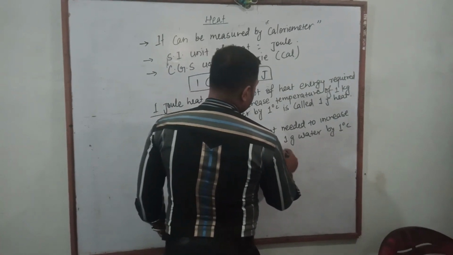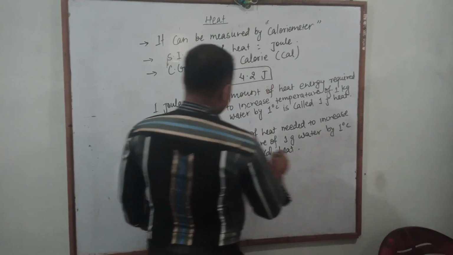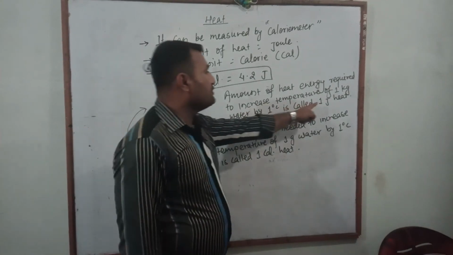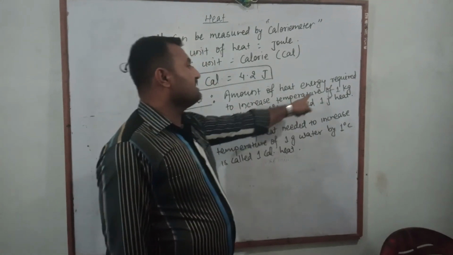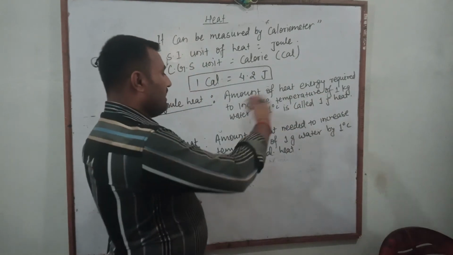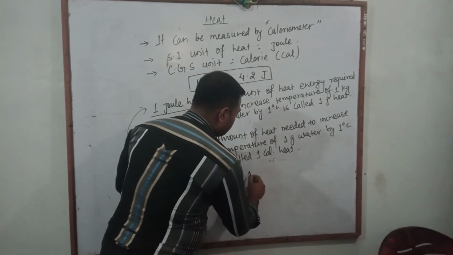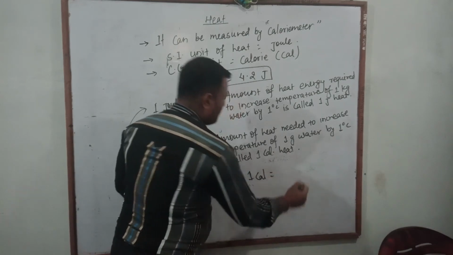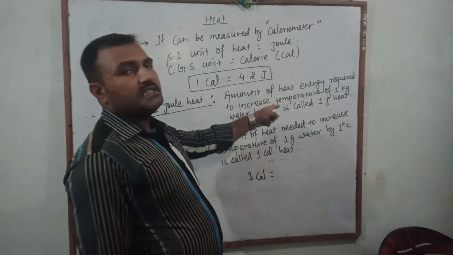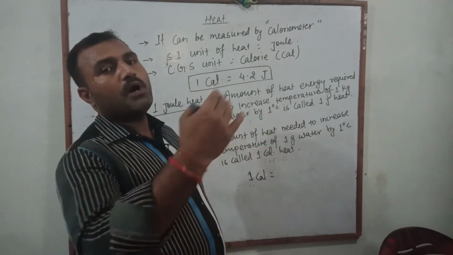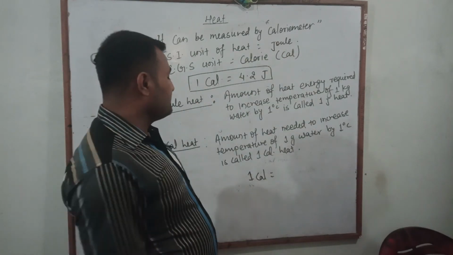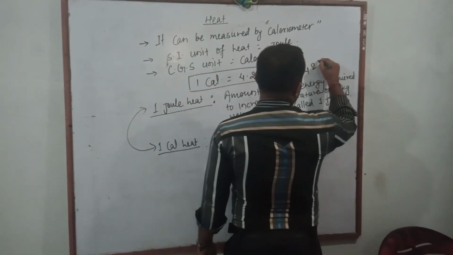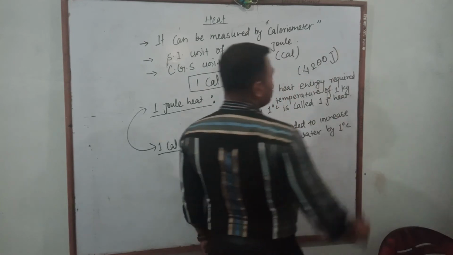And when we compare these two definitions, to increase the temperature of 1 kg of water by 1 degree Celsius, how much heat is needed? 4200 joule of heat energy is needed.